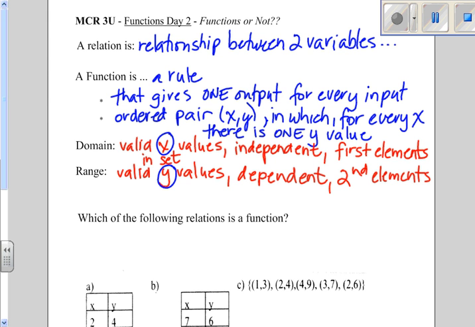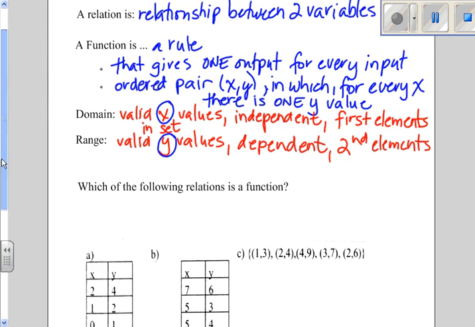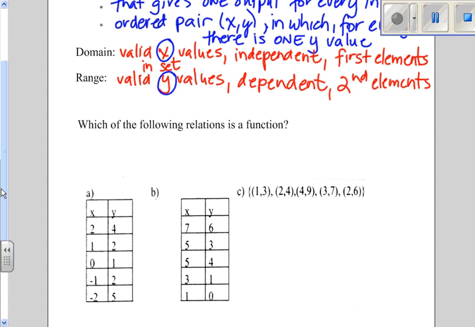Let's have a look at the following two. Which of the following relations is a function? The first one is a function. We have all different x values, and they have exactly one corresponding y value in each case.